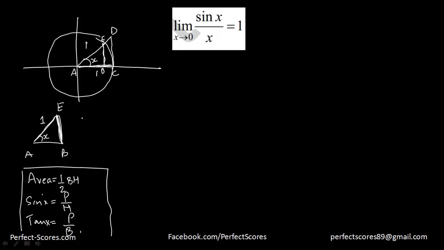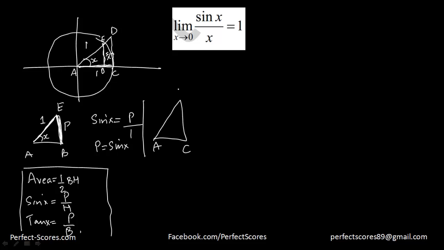So what is sine of x here? Sine of x is equal to perpendicular, which is this perpendicular, divided by hypotenuse, which is equal to 1. That means I can say that the perpendicular is equal to sine x. Similarly, if I talk about this bigger triangle, triangle A, C, and D, then this is definitely 1, and this is x degrees.